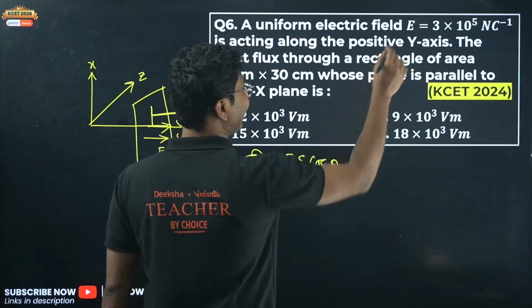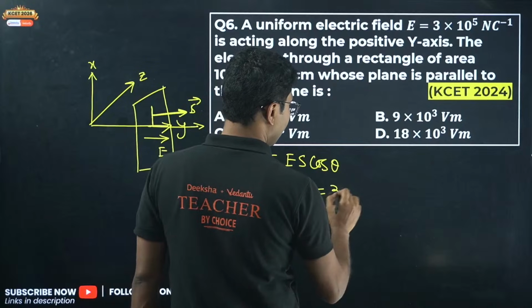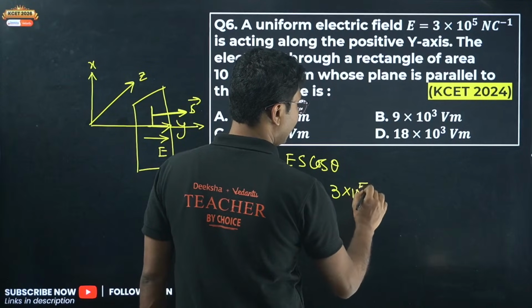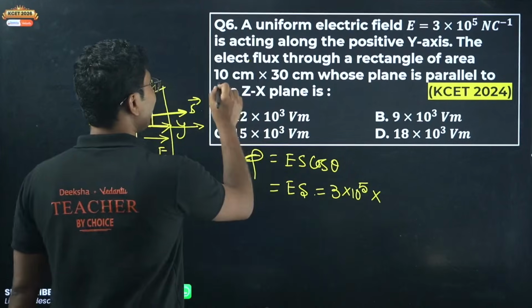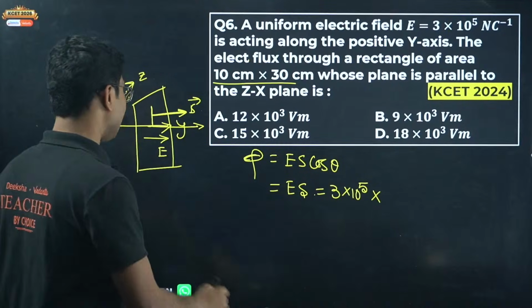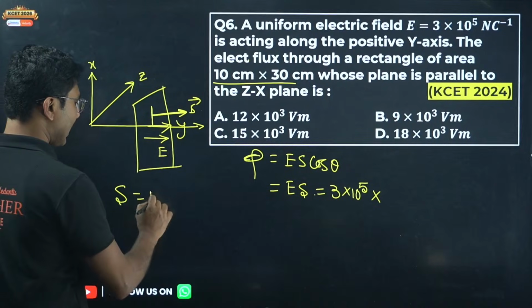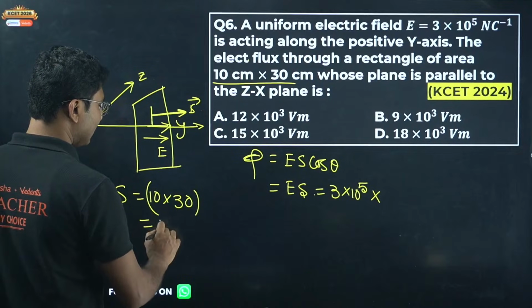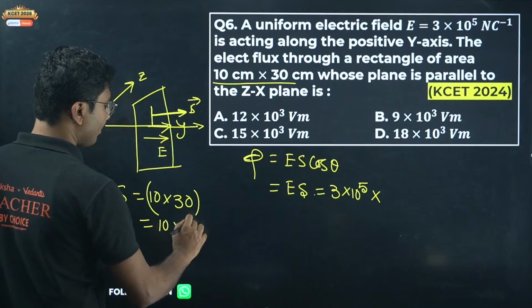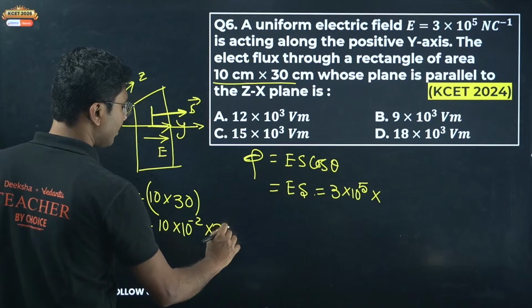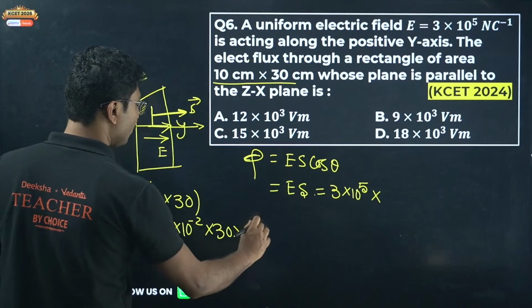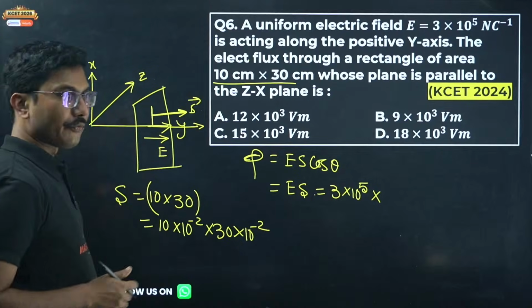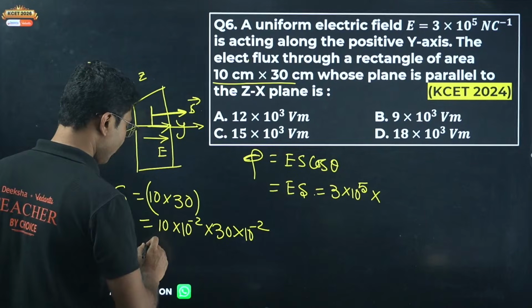Now what is E? E is 3 into 10 to the power of 5, and S is given as 10 centimeter into 30 centimeter, that means 10 into 10 to the power of minus 2 into 30 into 10 to the power of minus 2. So far this is the only problem where we have to use some sort of mathematics.